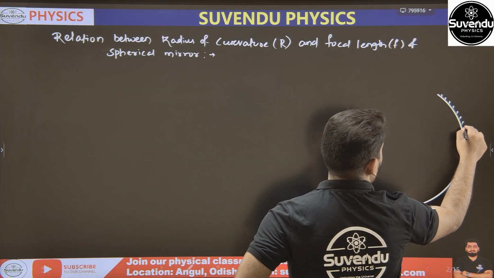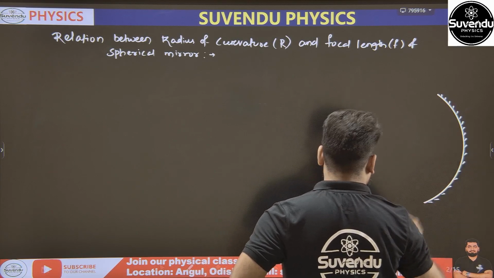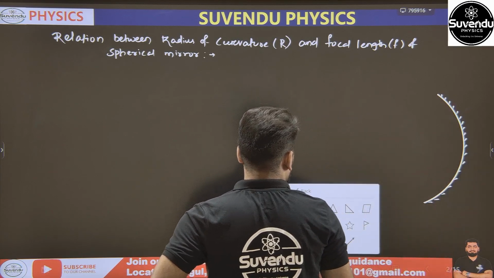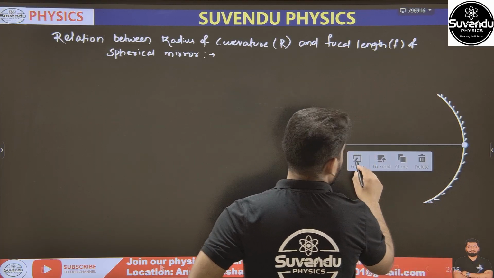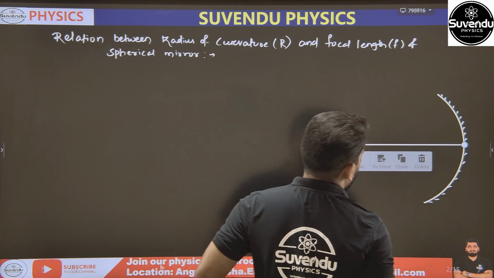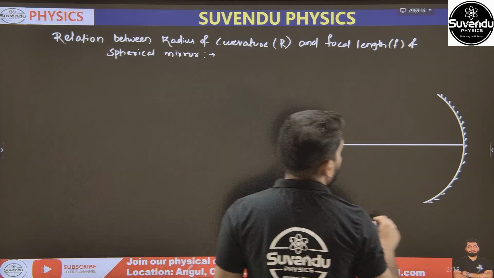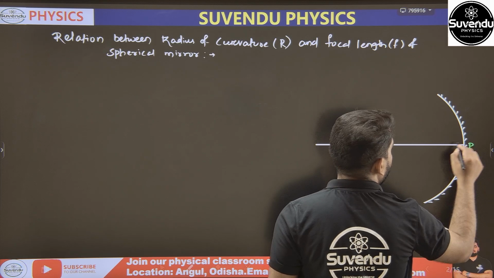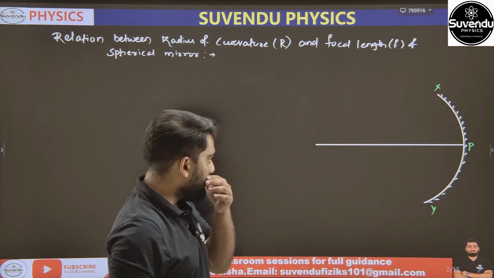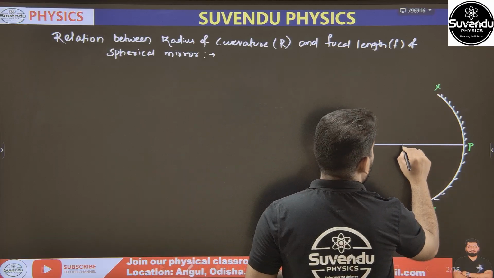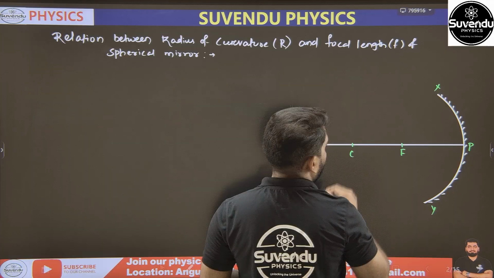Now after this we will draw the principal axis. The midpoint or geometrical center of this mirror is called the pole, and this line represents the principal axis. We can mark this is the pole and XY is our aperture. Next, this is the focus suppose, and this is suppose the center of curvature.